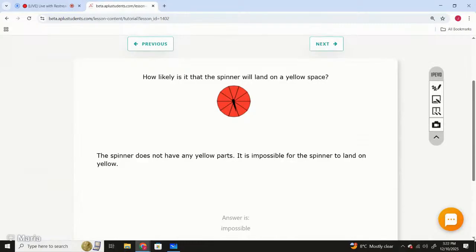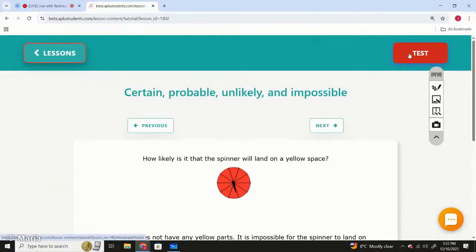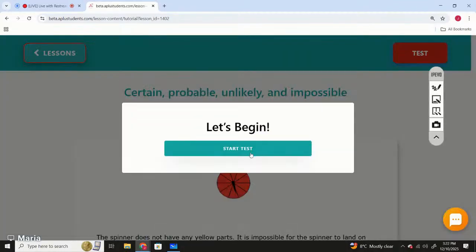Look at the spinner. All the spinner has is red. So how is it possible that the spinner will land on a yellow space? It is impossible to land on yellow because we do not have any yellow space on the spinner. So it is impossible. Let's just start with the test questions.